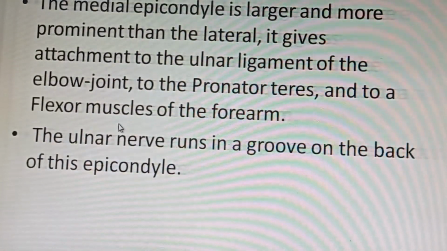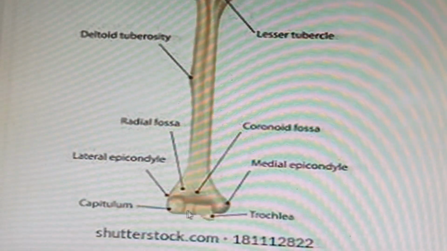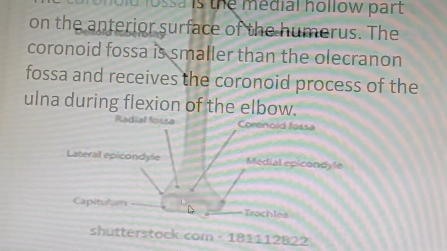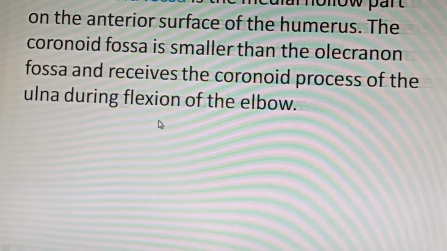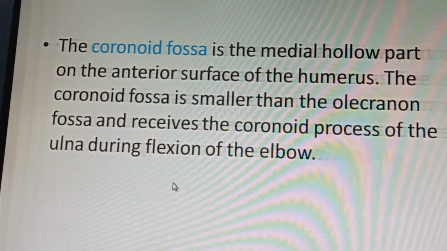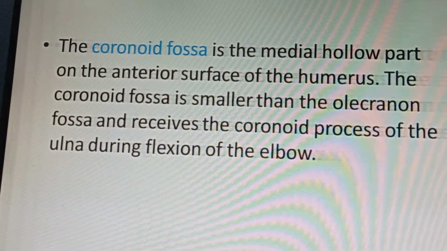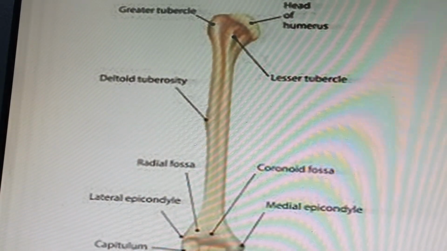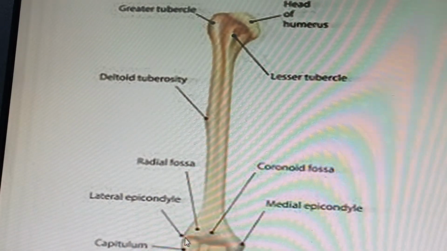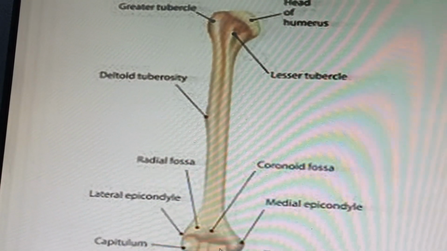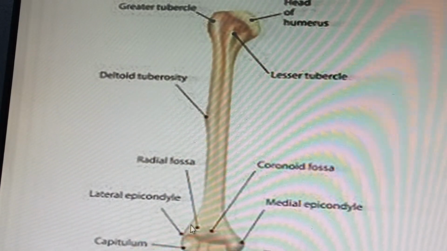The capitulum articulates with the radius, and this spoon-shaped trochlea articulates with the ulna. Now we have covered four bone markings: lateral epicondyle, medial epicondyle, capitulum, and the spoon-shaped trochlea.